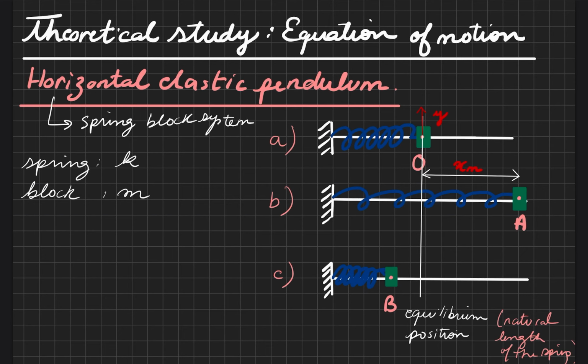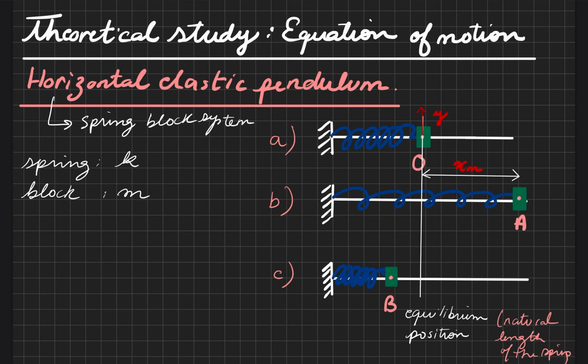At first, we extend or we shift the spring from point O to point A. And this shift is denoted by xm. So we shifted a distance xm.